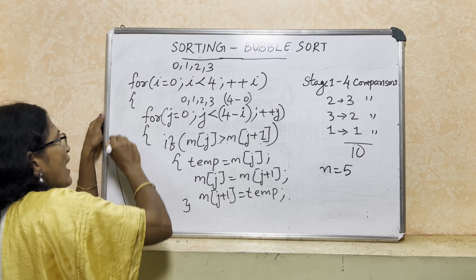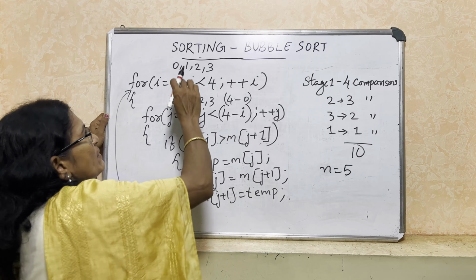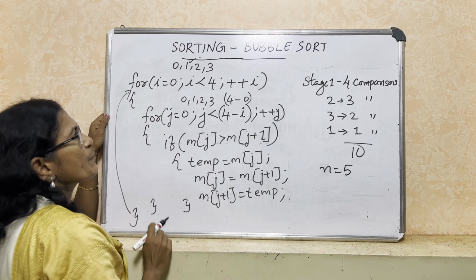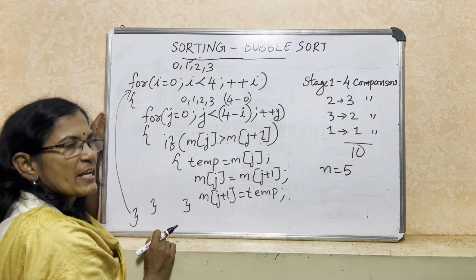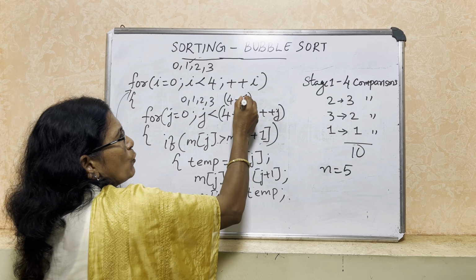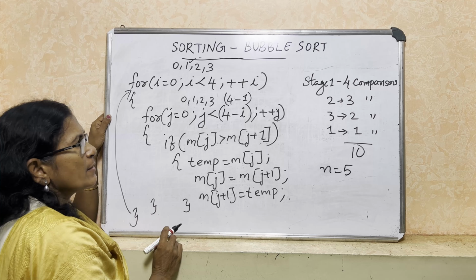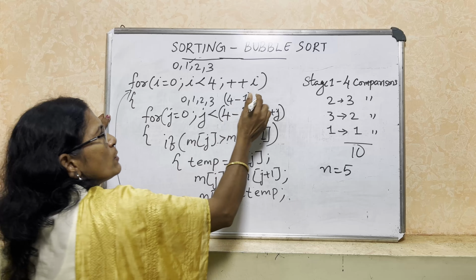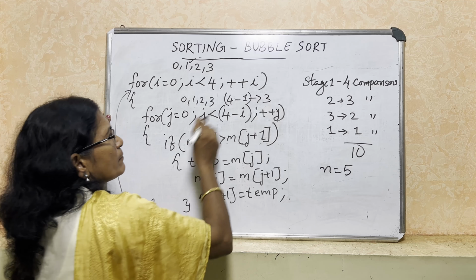And when the I loop goes to the next iteration with the value 1, the condition will change: 4 minus 1 is 3. So j will go till the value of 2 only.